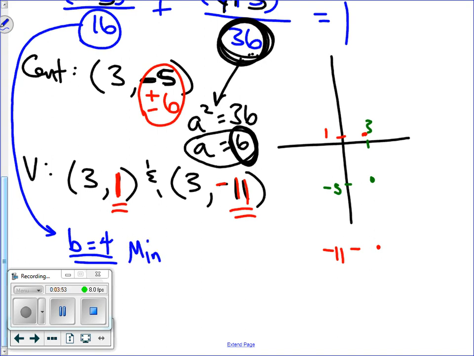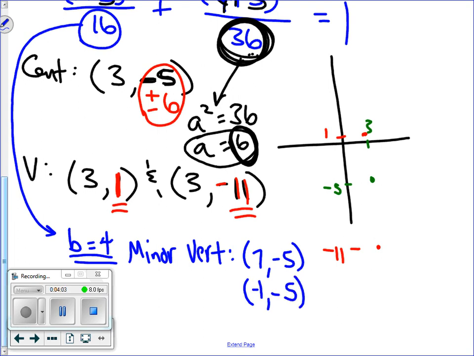If you want to make a note of that, the minor vertices are at 7, -5, and -1, -5. I'm adding and subtracting 4 from 3 to get these 2 points.